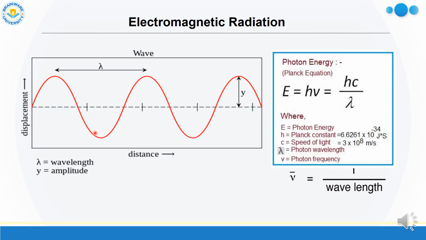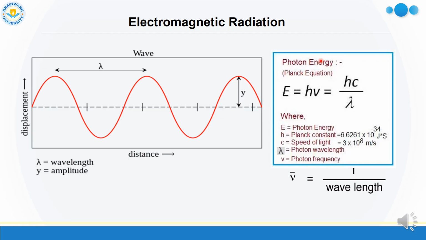Now this is a sine curve. Y is the amplitude, and the highest amplitude is known as crest and the lowest amplitude is known as trough. Now the distance between two crests is known as wavelength. So lambda is wavelength.